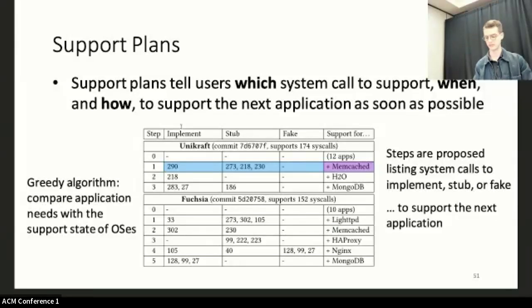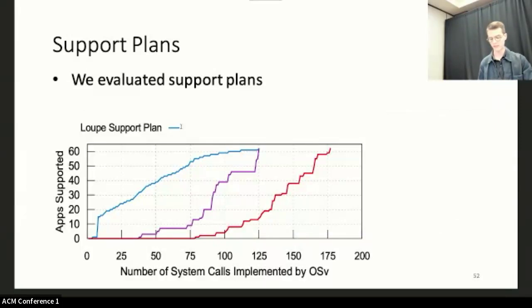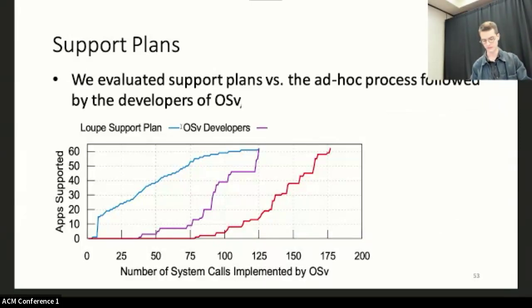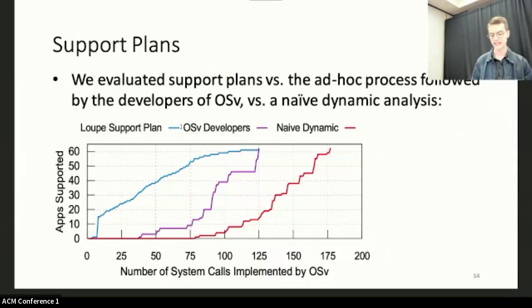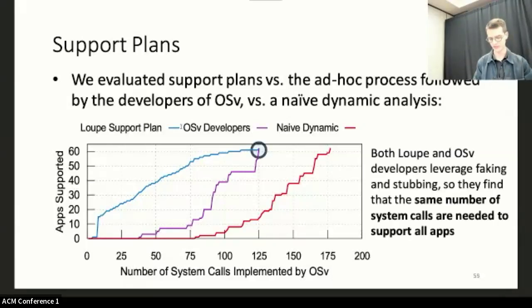And Loupe does that in a greedy way by sorting applications after the compatibility needs, which it compares with what the OS already supports. To quantify the benefits of Loupe and its support plans, we evaluated versus the ad hoc process followed by the developers of an existing popular libOS called OSV, and versus a naive dynamic analysis baseline. And here are some results. Since both Loupe and OSV leverage faking and stubbing, they find that the same number of system calls are ultimately needed to support all applications.